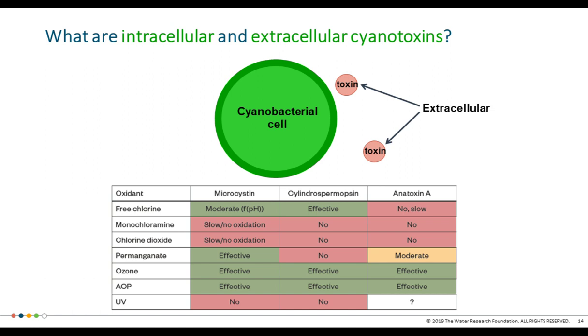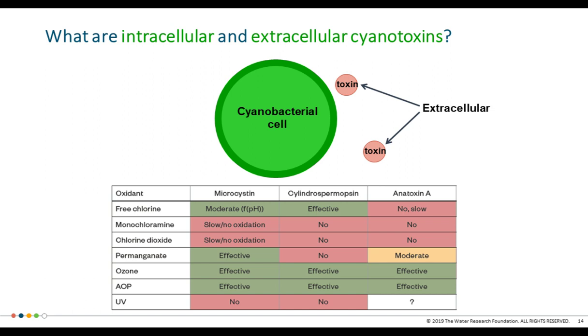So let's get started with a few definitions that will be important throughout the remainder of the webinar, starting with what are intracellular and extracellular cyanotoxins. Let's focus first on the extracellular toxins. These are found outside of the cell wall in the surrounding water. The treatment of many extracellular cyanotoxins has been studied for decades.